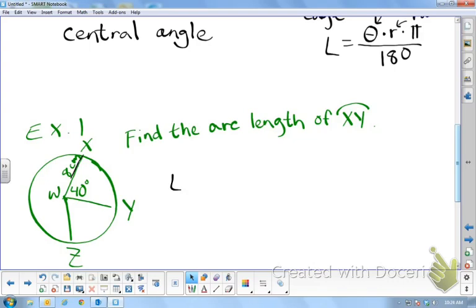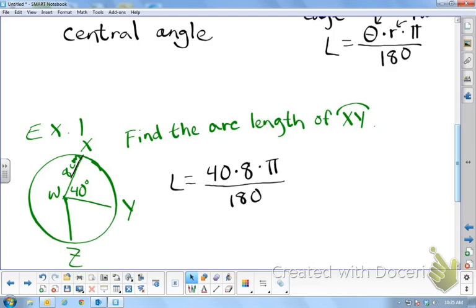So our formula says, start by plugging in the angle. What's my angle for that arc? 40. Times the radius. What's the radius of my circle? 8 centimeters. We'll just put an 8 times pi over 180. We'll write centimeters at the very end for our units.